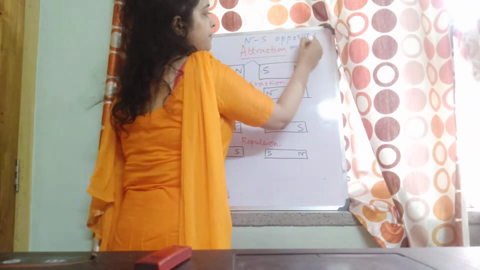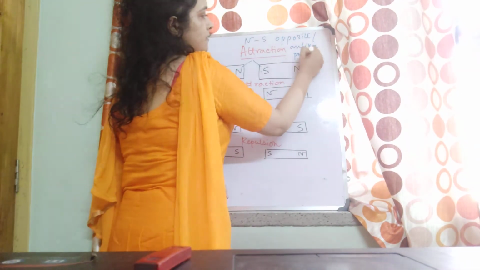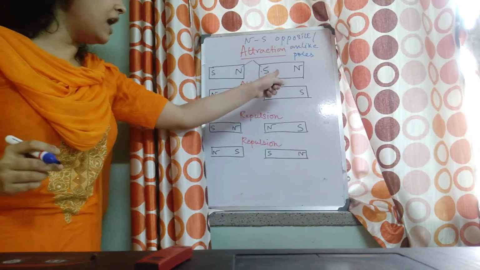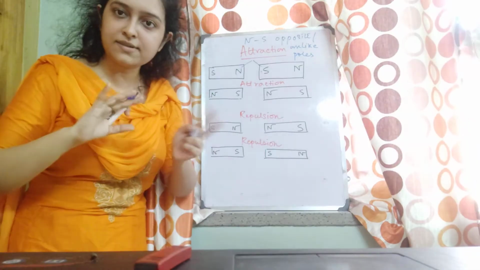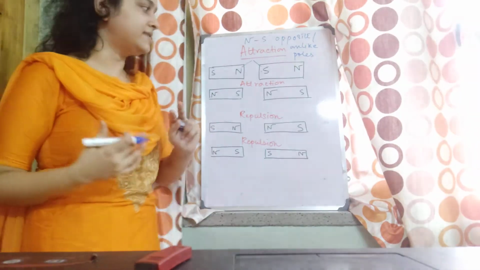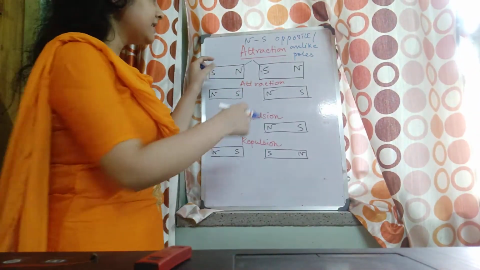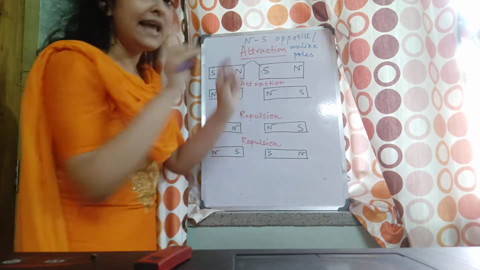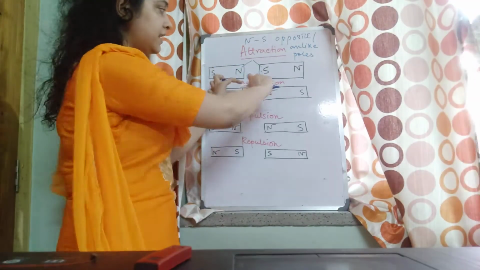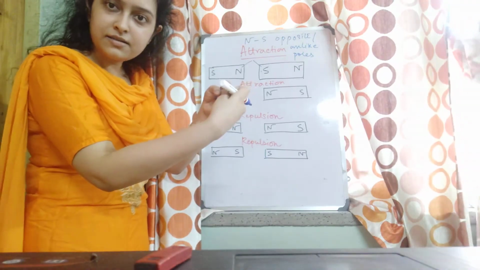Or unlike poles. North, south, south, north, opposite or unlike poles. Whenever we bring two unlike poles together, they will attract.